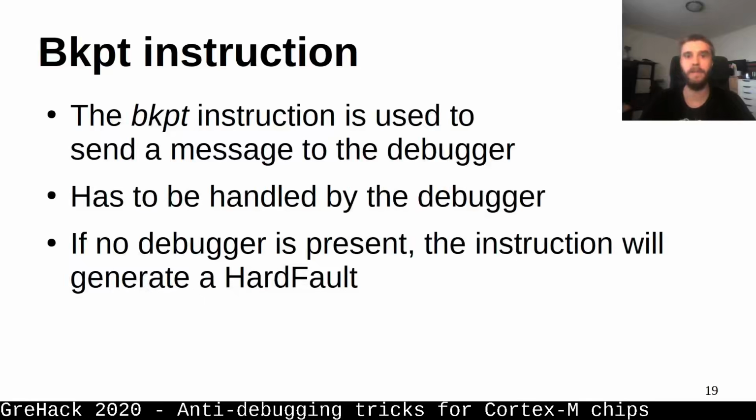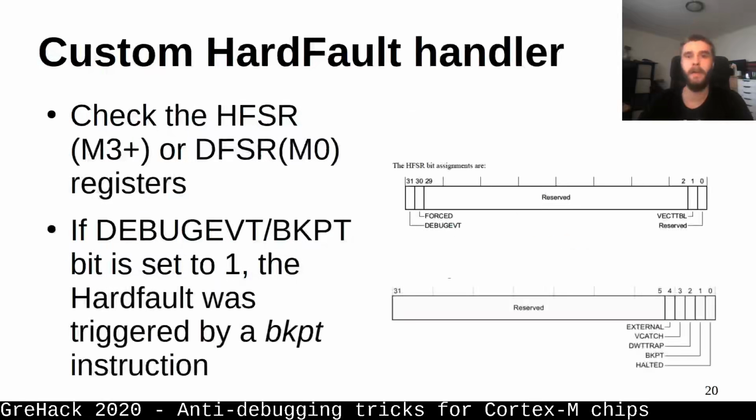But the good thing is we can use this specific hardware fault, detect if that was a breakpoint instruction, and then resume execution if there was no debugger. Otherwise, the code will change. So when you enter the hard fault, you can query the specific registers and see if the hard fault was caused by a breakpoint instruction. On Cortex-M0, you can check the DFSR register, or on Cortex-M3 and more, the HFSR register.